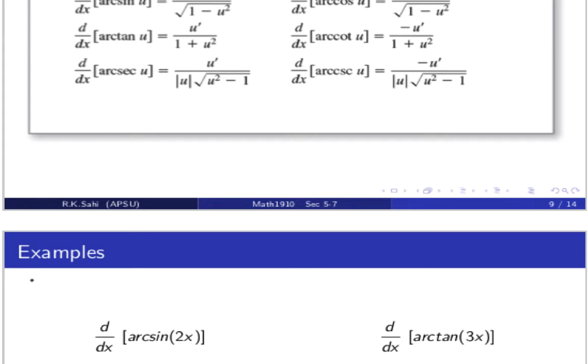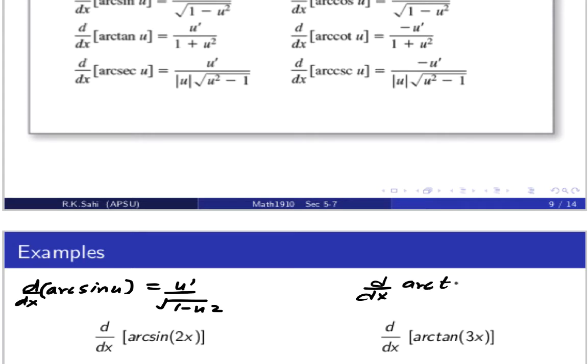What I'm going to do is write the differential formula here. d dx of arc sine u is u prime over square root 1 minus u square, and the differential of arc tangent u, keeping in mind my u is a differentiable function of x, is u prime over 1 plus u square.